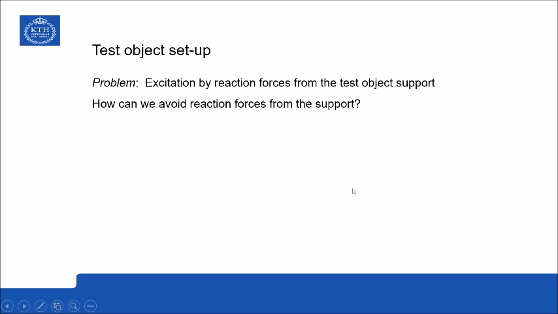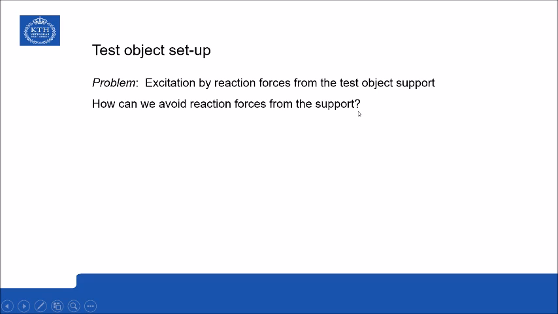Well, first of all we must realize that the support, how we support the test object, how we suspend it, will affect this exciting forces, because the support introduces support forces, reaction forces, which when the test object vibrates will create excitation forces, and that will give contributions to the measured acceleration.